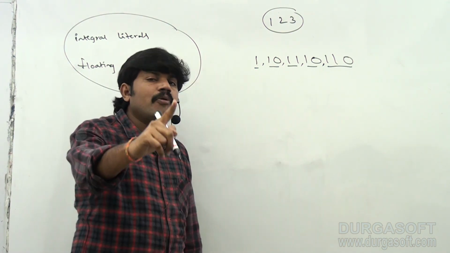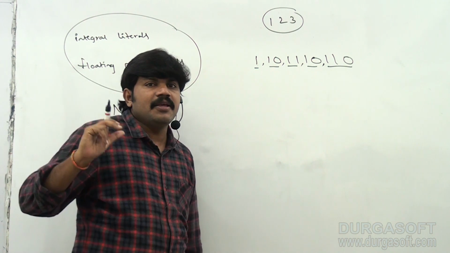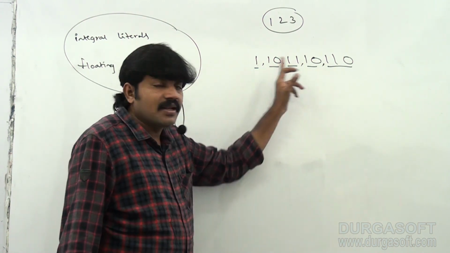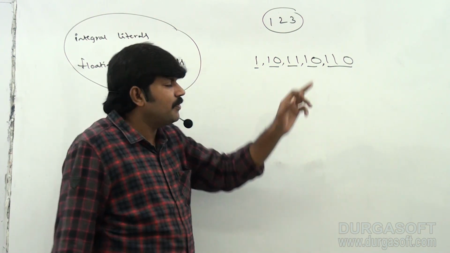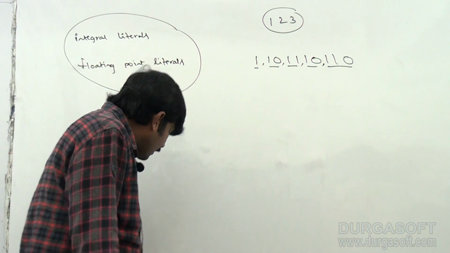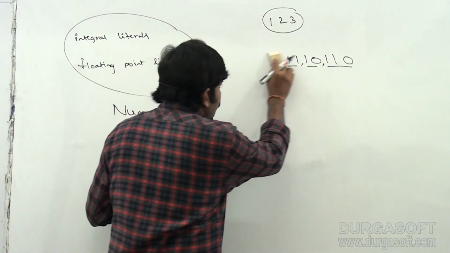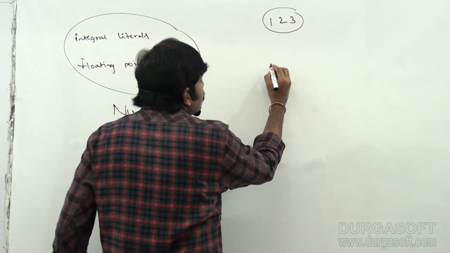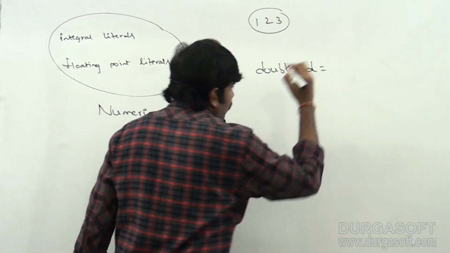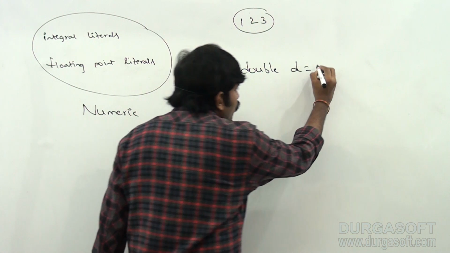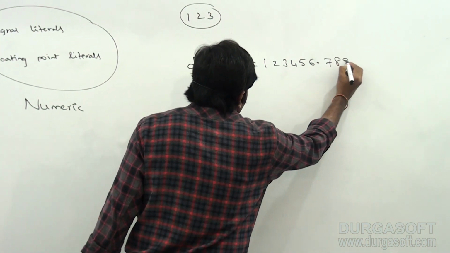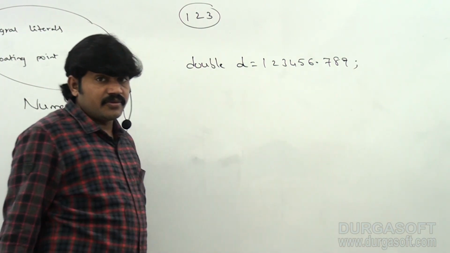To improve readability, we can happily use the underscore symbol in our numeric literals. It may be an integral literal, it may be a floating point literal. How can you use this, sir? Very simple. Suppose I have double d is equal to 123456.789.